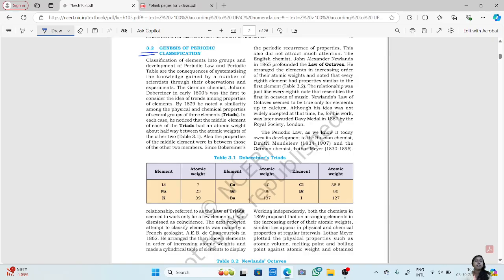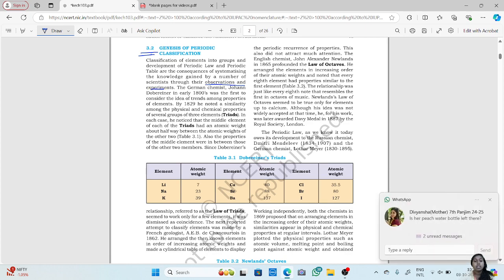Now, how did the classification of elements take place? It took place into groups, and the development of periodic law and periodic table. These are the consequences of systematically arranging the knowledge gained by a number of scientists through their observations and experiments.